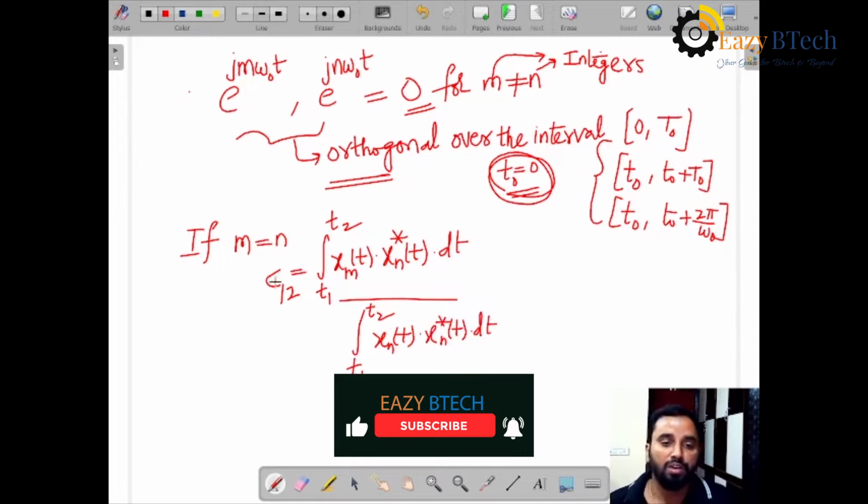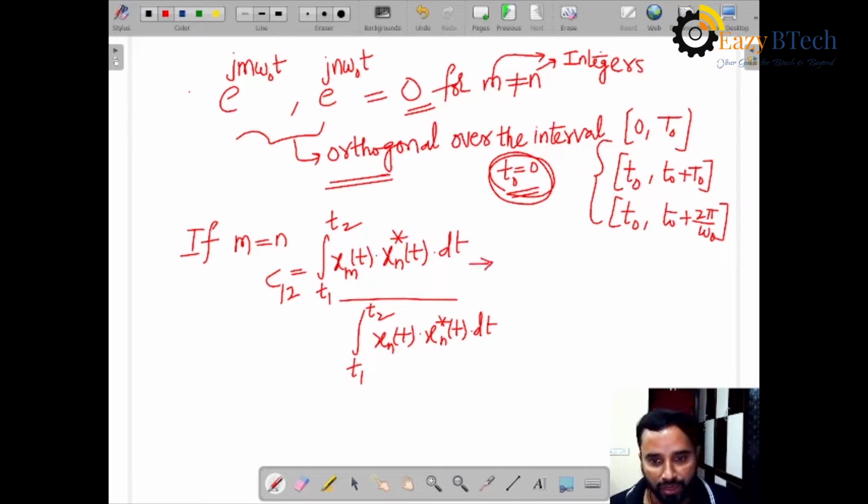To check the orthogonality, we consider the numerator integral. If this numerator integral is equal to 0, then the given set of signals are mutually orthogonal over the interval t1 to t2.